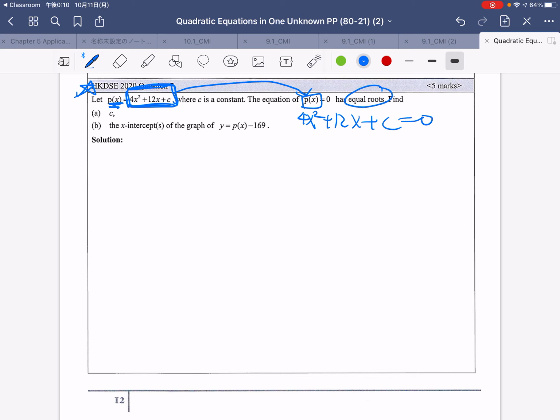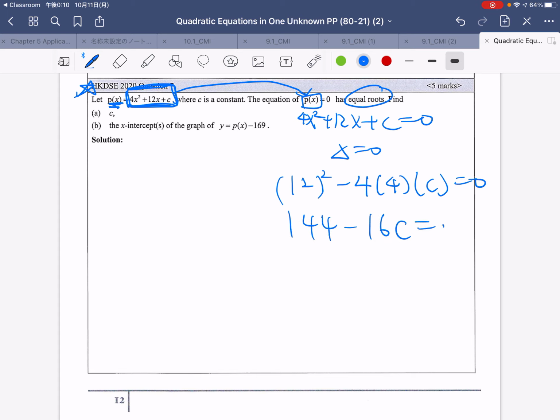It has equal roots, that means delta equals 0. Therefore, 12 squared minus 4ac equals 0, so 144 minus 16c equals 0. Finally you get c equals 9. This is for part A.